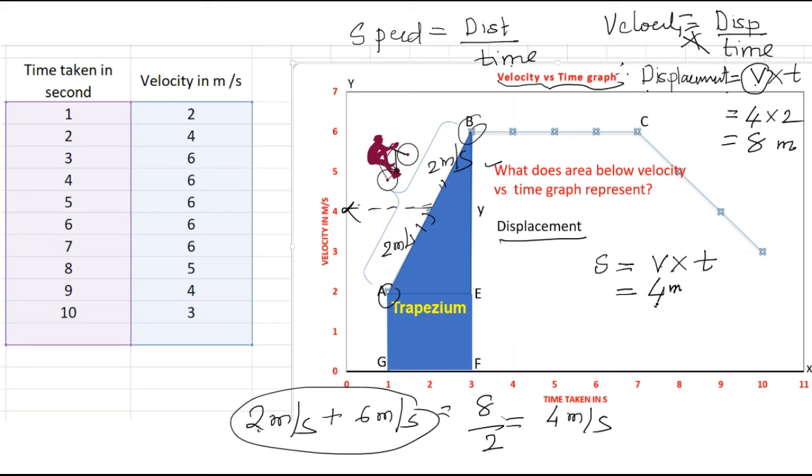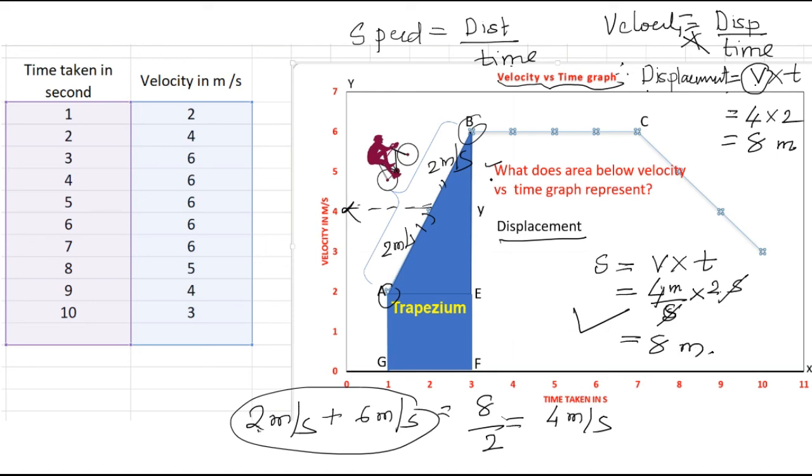Per second I have to write, so I am writing here down, into time. Time is again 2 second. So this is second, this is second here in the numerator. So both will get cancelled. What remains is 8 meter. This is a simple explanation. So the distance traveled in this graph, numerically we can find 8 meters.